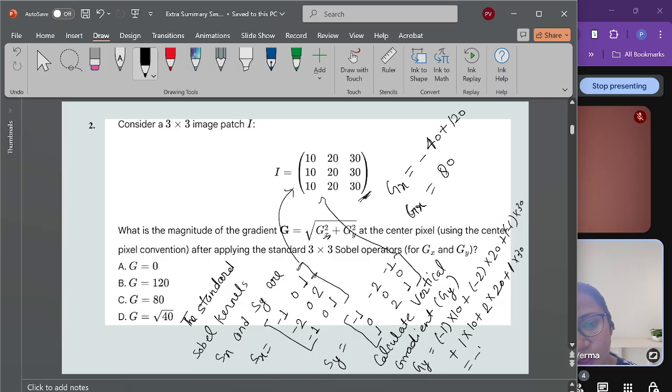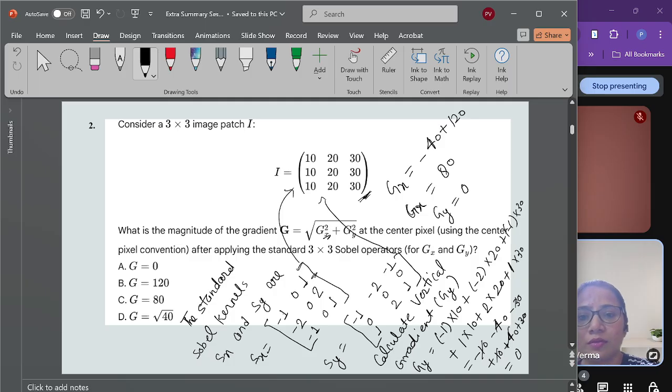So here you will get minus 10 minus 40 minus 30. Here again plus 10 plus 40 plus 30. So all will be cancelled out, right? So we will get 0. That means gy you are getting 0 here.